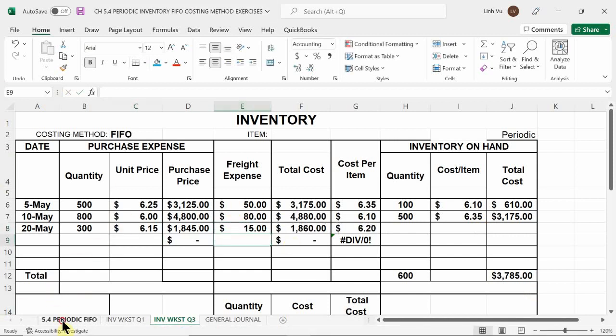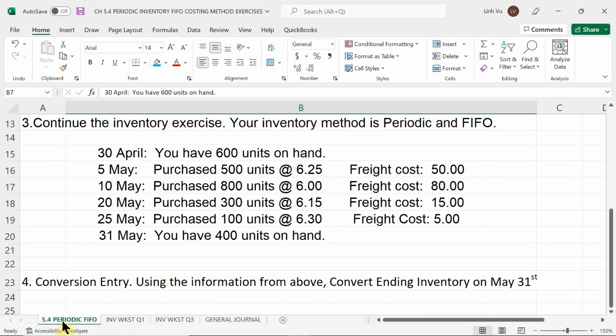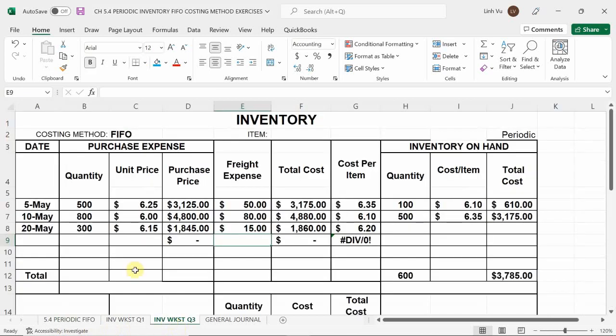Okay, let me double check those numbers real quick. Purchased 300 units at $6.15 with a freight of $15. So in this case, that's what your end result is. You got 300 at $6.15 gave you a total of $1,845 plus $15 gave me the $1,860. Which if you divide it, it gives you $6.20.